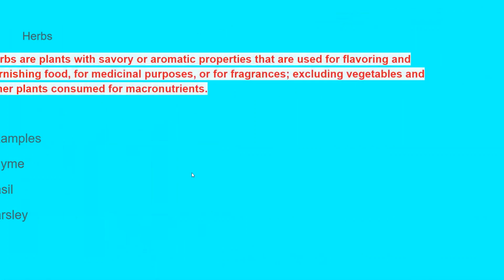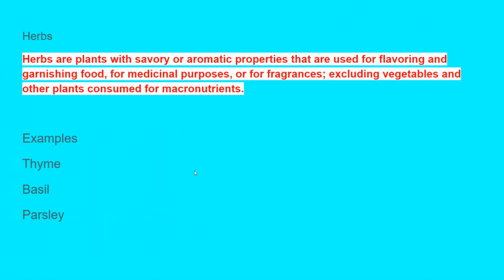Now come to the next one. The next example is herbs. So what are herbs? Herbs are plants with savory or aromatic properties that are used for flavoring and garnishing food, for medicinal purpose or for fragrance, excluding vegetables and other plants consumed for macronutrients.